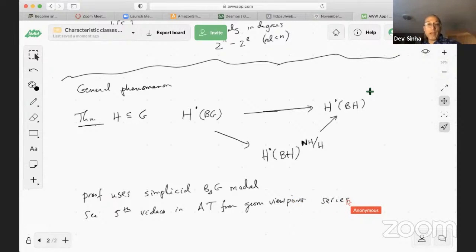So look at video 5. Video 4, I think, introduces BG. Video 5 ends with this argument here, which is one of my favorites. It's actually a very geometric argument on this B delta G. And so, again, as much as I love, for example, the configuration space model for classifying spaces of symmetric groups, this speaks to having multiple models.